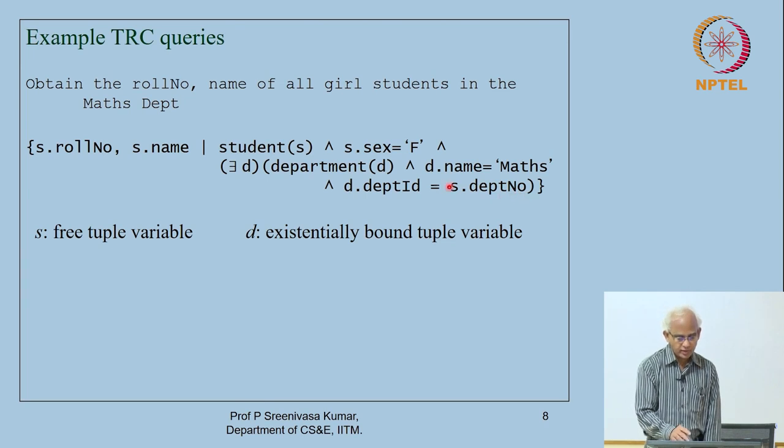So, for the combination of student and department to make sense in our context where we are looking for girl students in the maths department, the S dot department ID should be equal to the D dot department ID where the D dot name equals maths. D dot name equals maths will be true only for the maths department tuple, right.